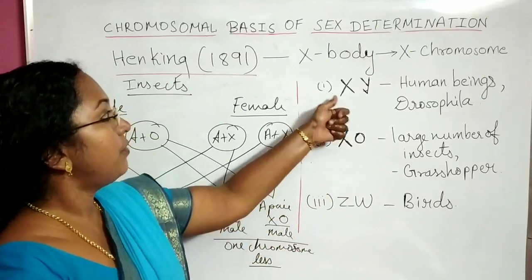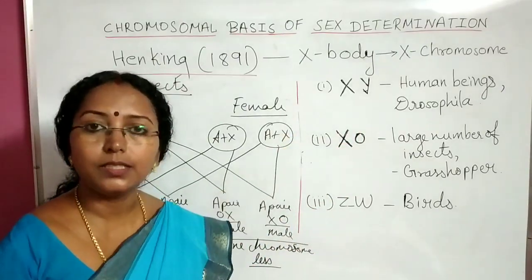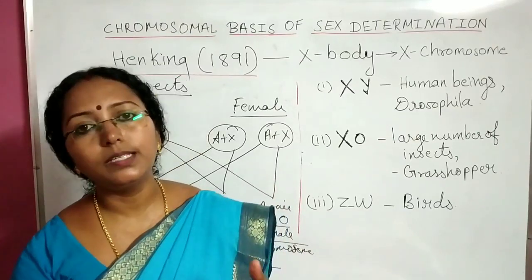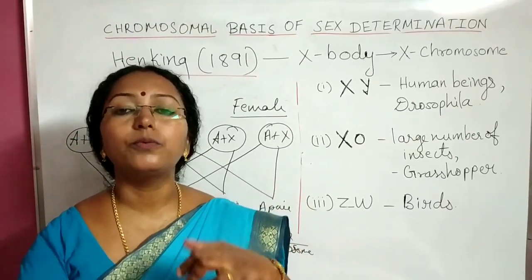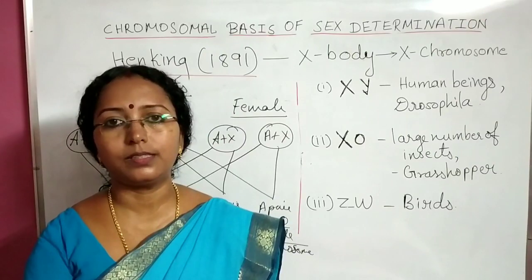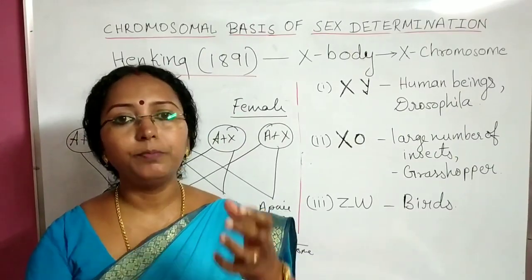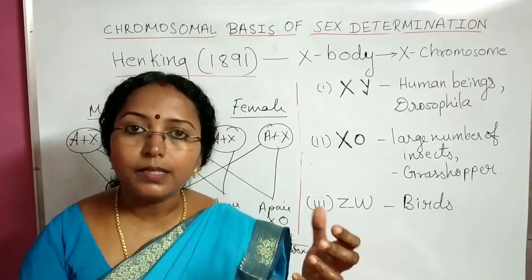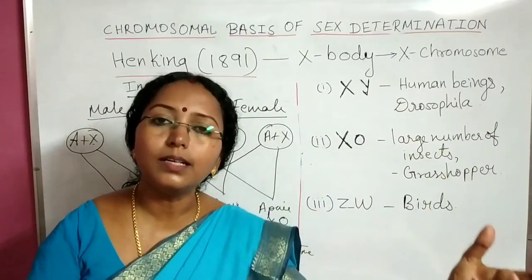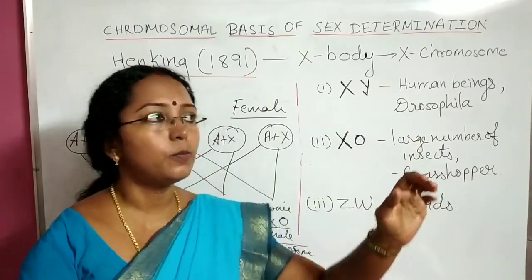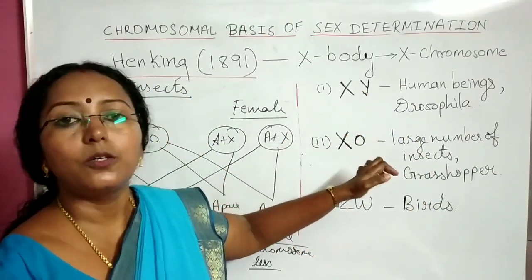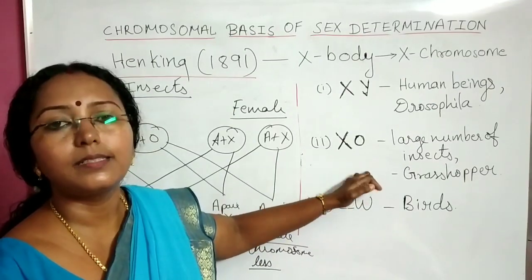But in the case of XY sex determination, the total number of chromosomes will remain the same. The only thing is the presence or absence of the Y chromosome is making the difference. In the case of males, there will be a Y chromosome. In the case of females, instead of Y, there will be another X. So the total chromosome number remains the same in XY, but in XO, the chromosome number in males gets reduced by 1.